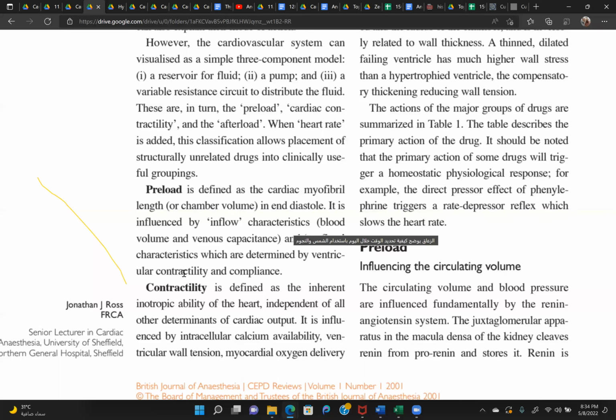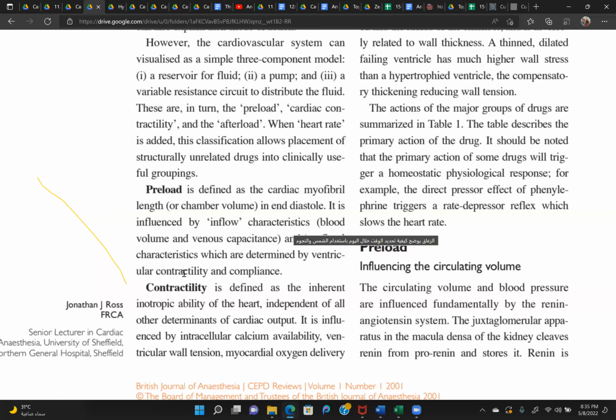You can say venous return to the heart, and actually it is the one which decides the contractility, because according to Frank-Starling law, the contractility depends on preload. Okay, the stretch on the heart.